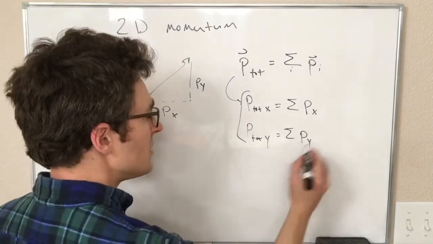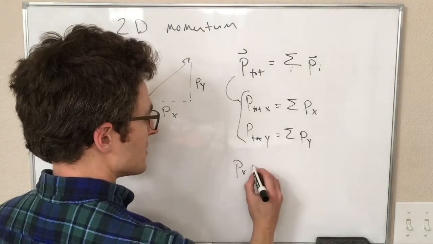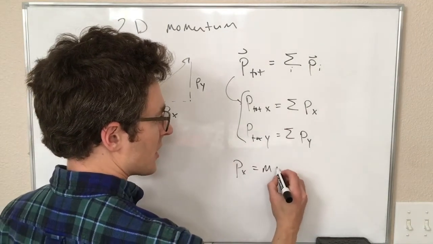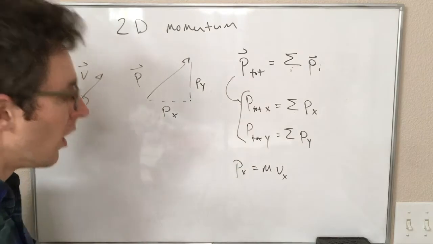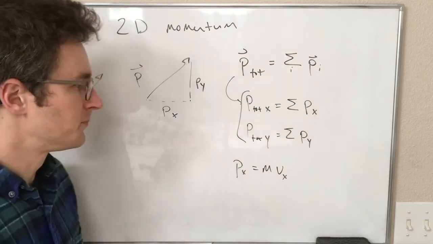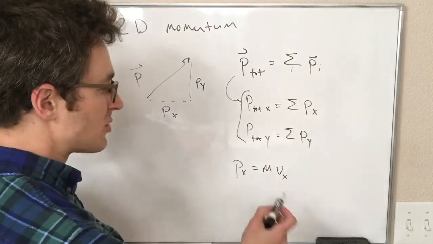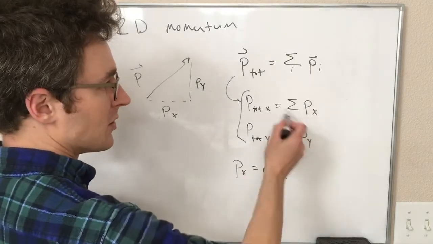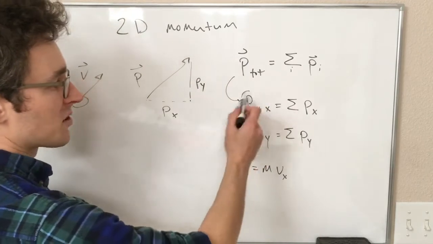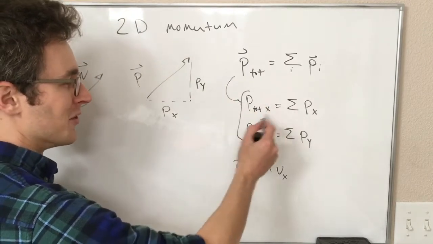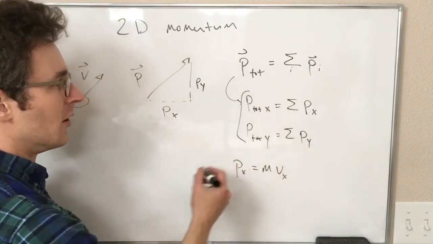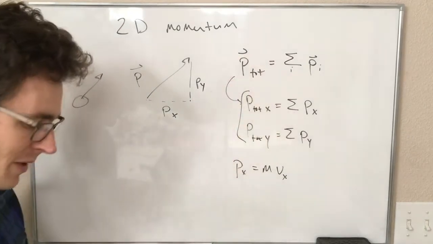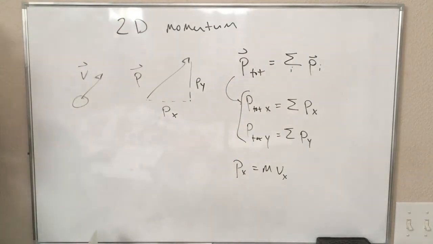Well, each of these p_x's is just the mass of the object times the x component of the velocity. So for each object, we can figure out the x component of the momentum. For all the objects, we can combine those x momentums into one big x component, and the total x component and the total y component are enough to tell us the total momentum vector of the whole system.